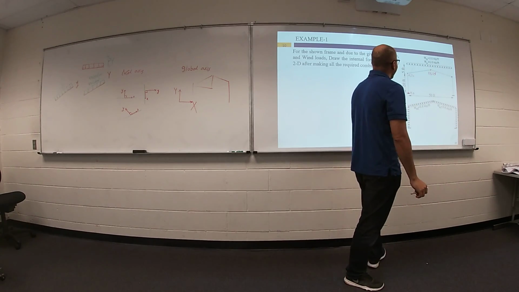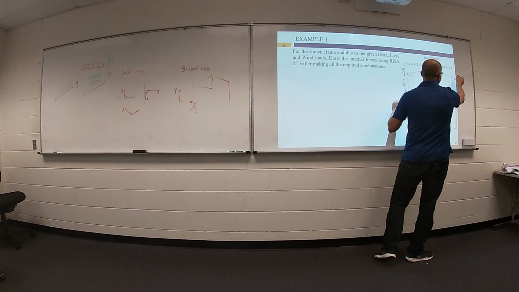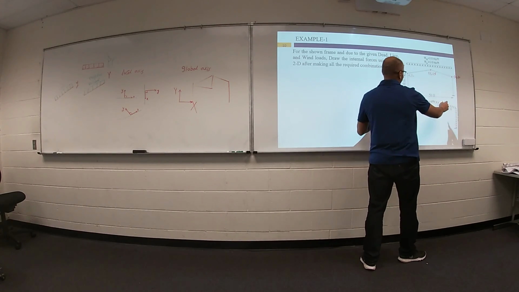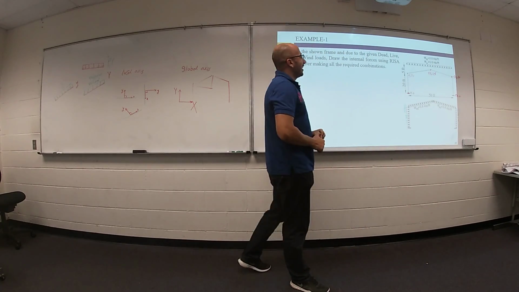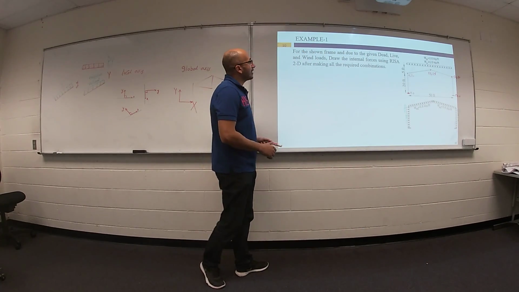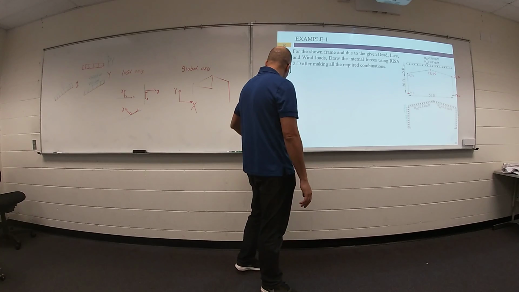Sorry. 15, 20, 50, 20, and 50, 0. You can define any cross section as you like.